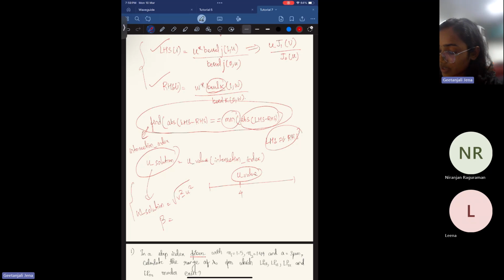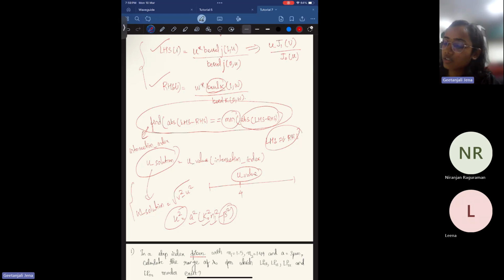Because beta is nothing but, if you recall, U square is A0 square and (n1 square minus beta square). These values are already known. So if you know the U solution, you can find the beta solution for that.